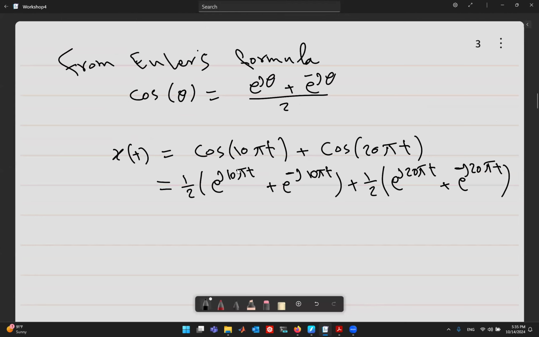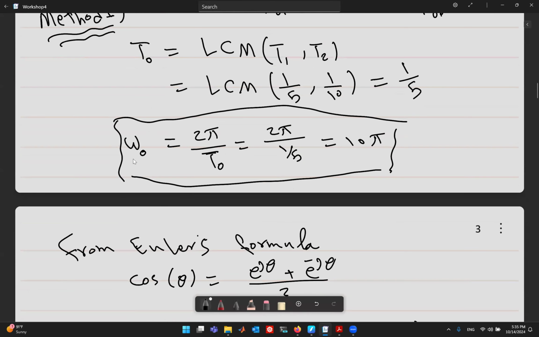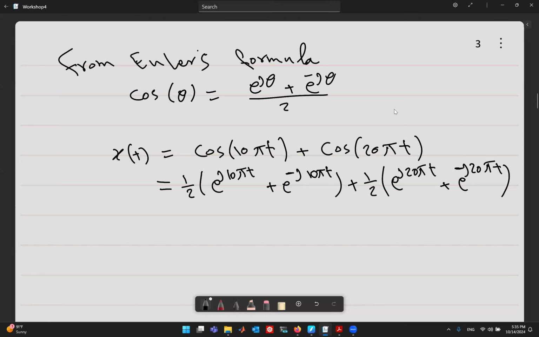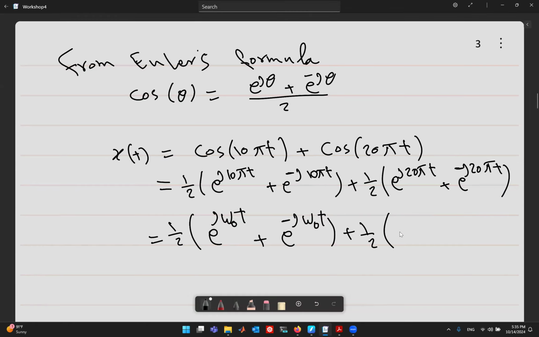And if we use omega naught is 10 pi here also, we get 1/2 exponential j omega naught t plus exponential minus j omega naught t, plus 1/2 exponential.